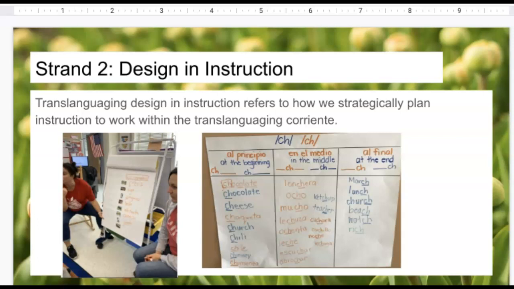So this would be a strategic design and instruction where we've talked about how to bring in anchor charts with students. This is an example of a science lesson where students were learning about different habitats and animals that live in different habitats, this picture on the left.